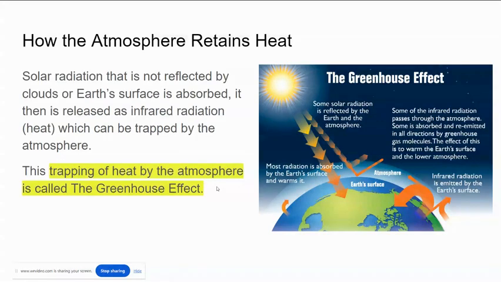And finally, we learned a little bit so far about the greenhouse effect. The greenhouse effect is how our atmosphere retains heat. If we didn't have it, there wouldn't be any life on this planet. The moon does not have a greenhouse effect. There's a 400-degree difference between the lighted part of the moon and the dark part.